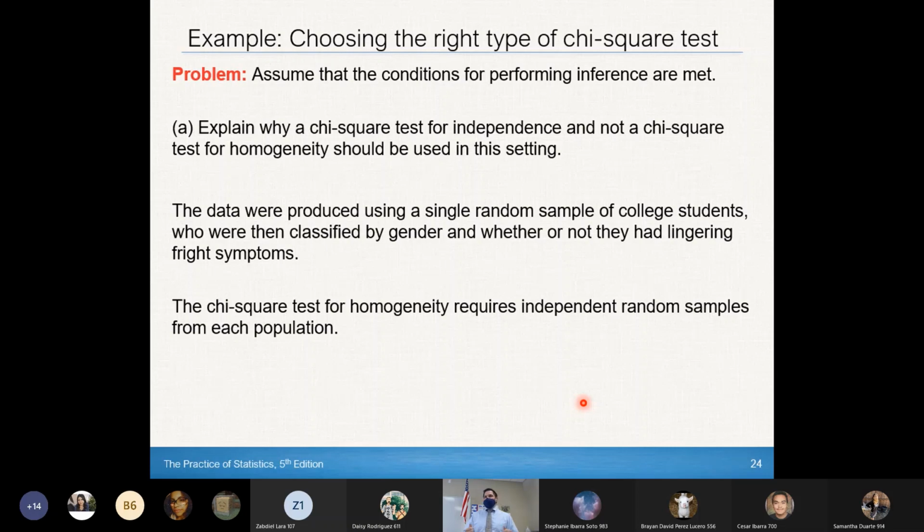But because we randomly sampled from the larger population and then categorized between males and females, it becomes this test for independence. Right. And we're trying to find an association between fright symptoms and gender. Is there anything I can clarify about that?